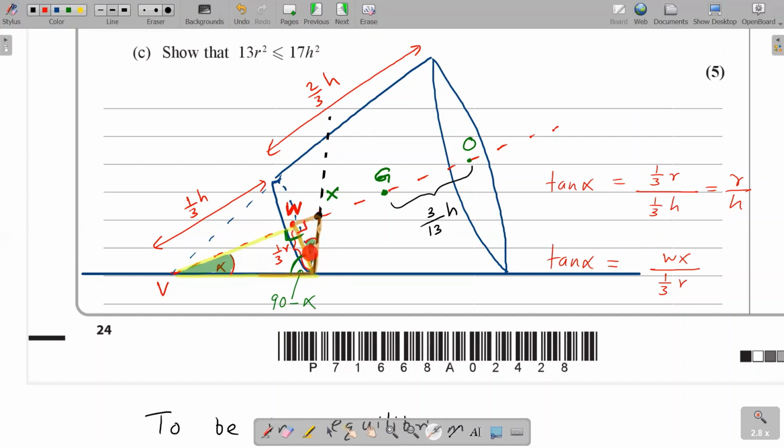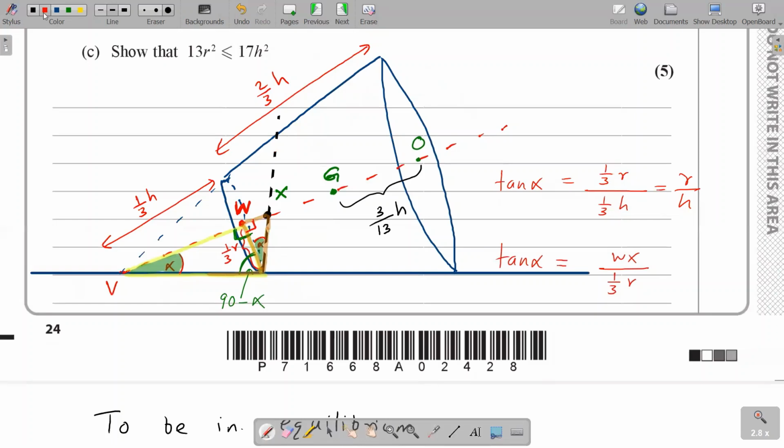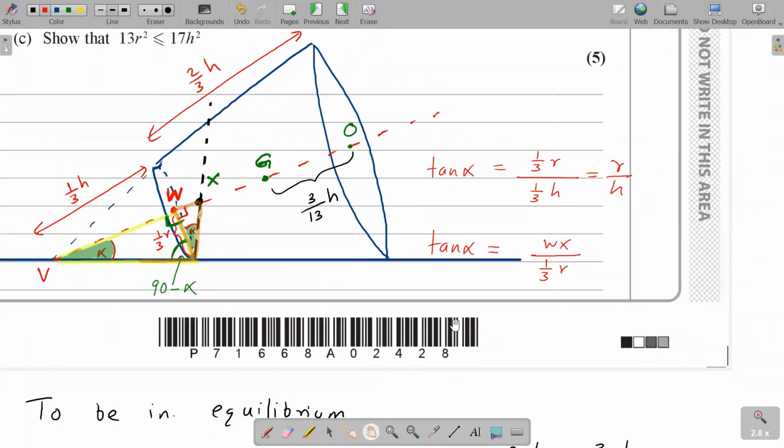So opposite is WX, adjacent is 1 over 3r. So tan alpha value, now we know it, right? Tan alpha value is r over h. Do you agree with me? And I can find WX now. So tan alpha, r over h, equals WX over 1 over 3r. So WX equals r over h into 1 over 3r.